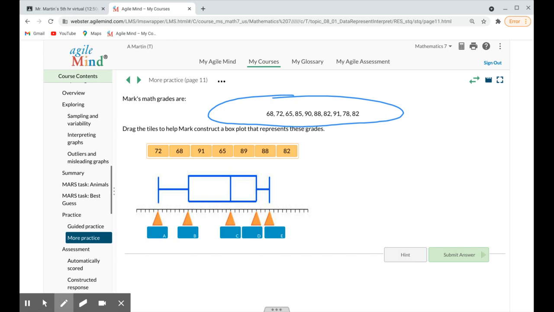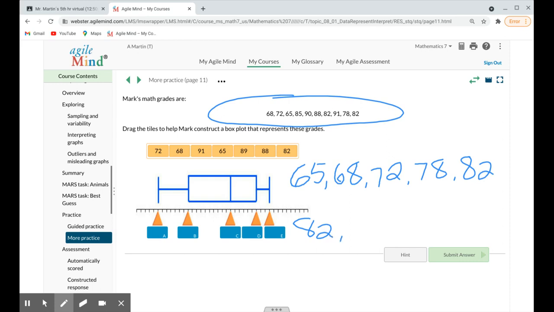So tell me what goes first. The order? Oh, okay. 65, 68, and then 72, and then 78, then 82 twice, and then 85, then 88, then 90, then 91.